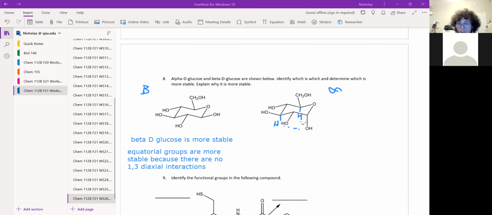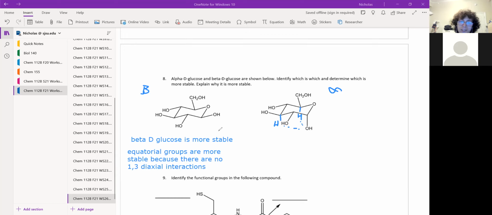The drawing doesn't do it a lot of justice, but when they're pointing down like this, they can interact a bit. That leads to a bit of steric strain, which makes it unstable. But if it's equatorial, you don't get anything like this. So that makes it more stable. So for glucose, beta is more stable because of the equatorial positions.